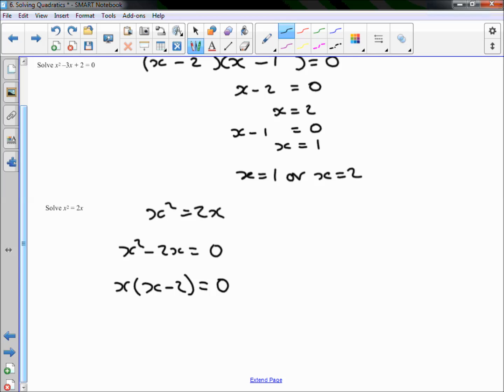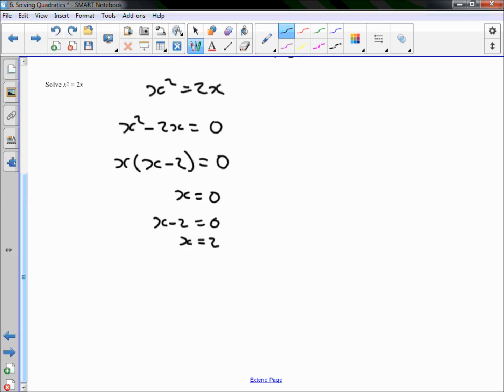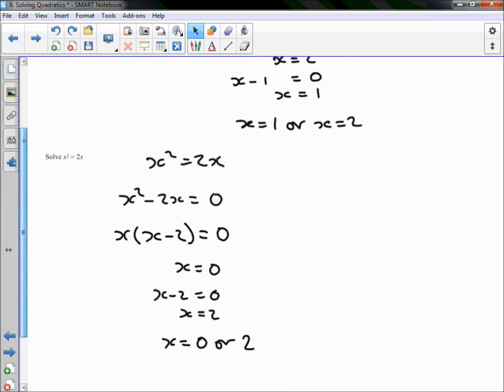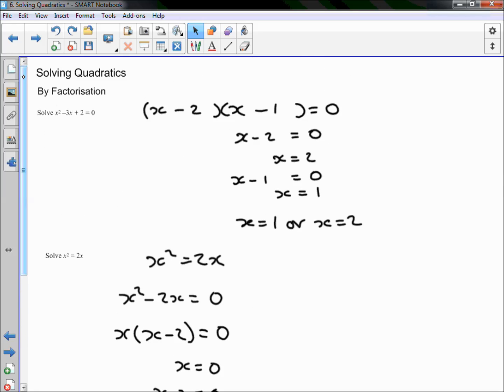So then, that means that either x equals 0, so we get 0 times minus 2 is 0, or x minus 2 equals 0, so x equals 2, in which case we're going to get 2 times 0, which is 0. So therefore, x equals 0 or 2.